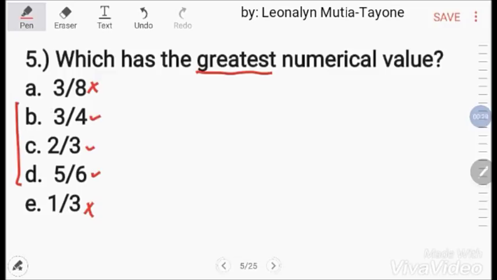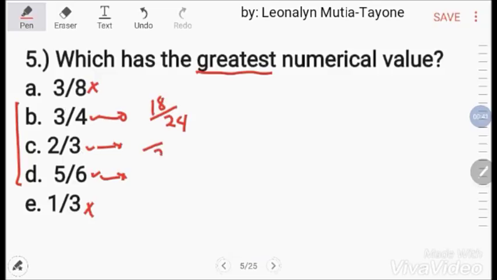Ang mas maganda natin gawin ay kunin yung least common denominator nila, ang value nila na may pareho na denominator. So, ang least common denominator nila ay 24. I-convert natin na 24 lahat ang denominator niya. So, 24 times 6, that is 18.